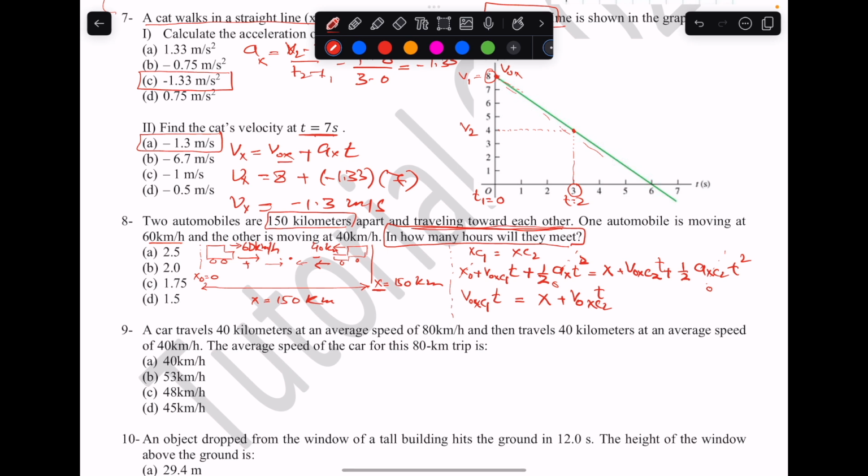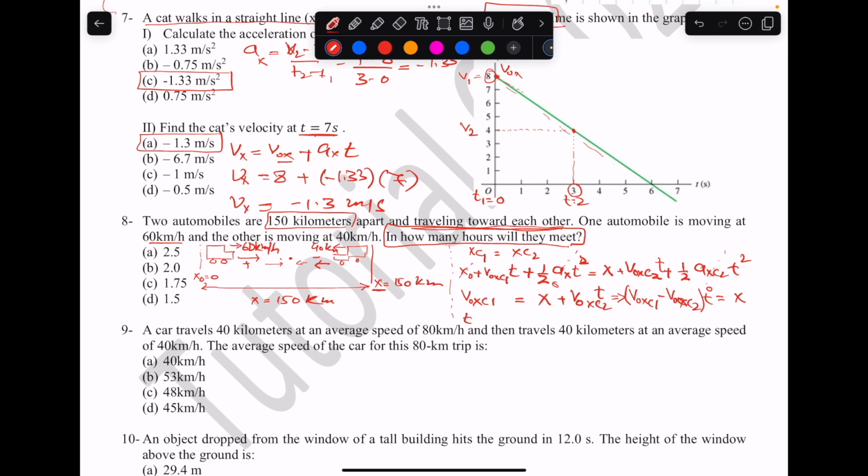So we get t from here, which is v naught of x C1 minus v naught of x C2 times t equals x.